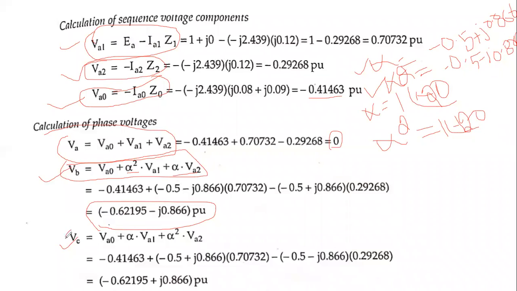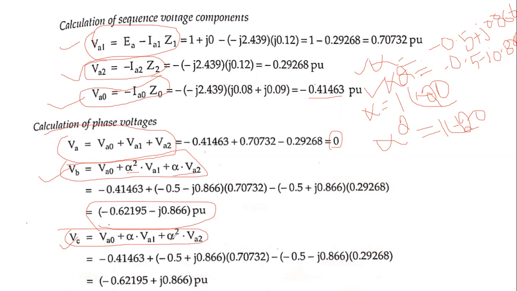Okay, therefore, what is the formula for VC? VC is equal to VA0 plus alpha into VA1 plus alpha square into VA2. What is the value for alpha? Alpha is equal to minus 0.5 plus j 0.866.